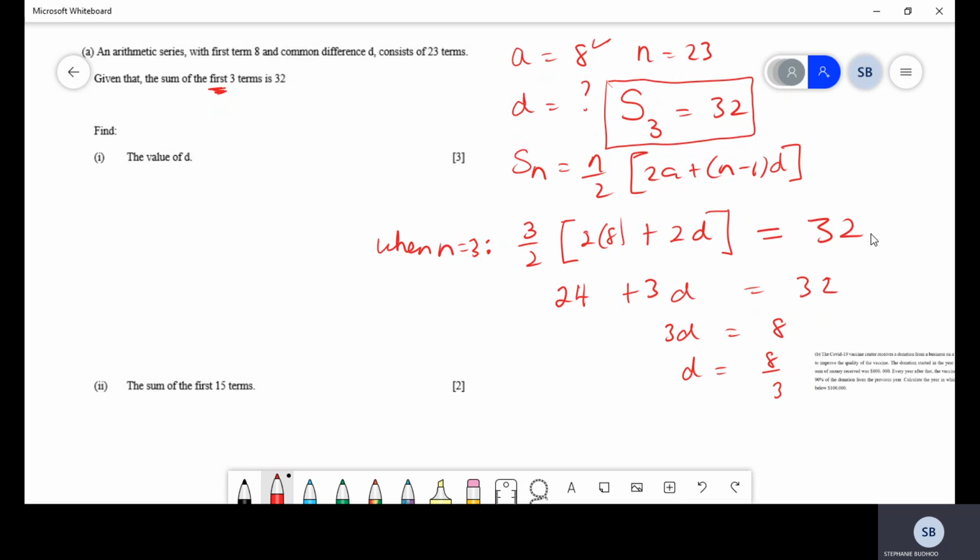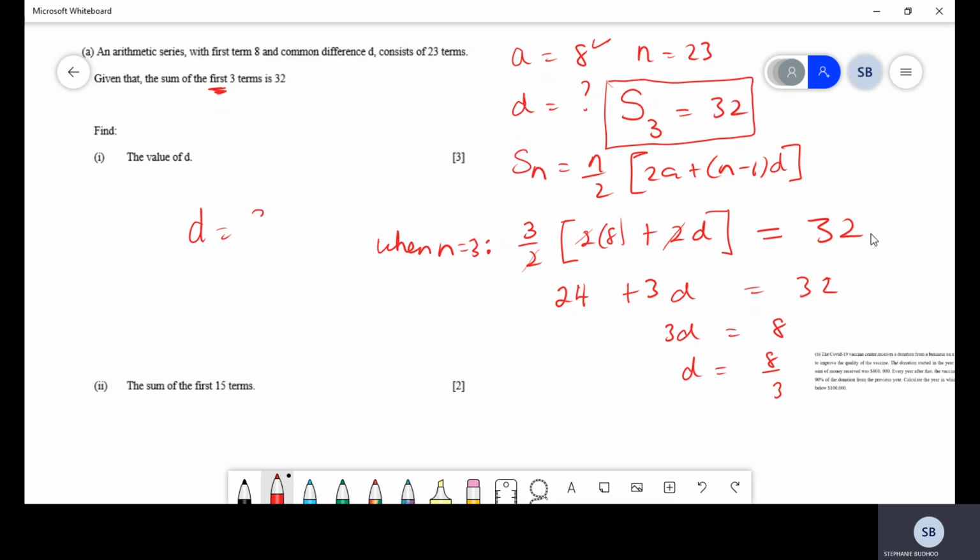When n has a value of 3, we're going to put 3 on 2, open brackets, 2, a has a value of 8 plus n minus 1 gives us 2d, close brackets, is equal to 32. Doing some math, you'll get this to cancel here as well as here. So you'll just simply be left with 8 3s are 24 plus 3d being equal to 32. 32 take away 24 gives us 8, and 3d is equal to 8. d gives us a value of 8 on 3.